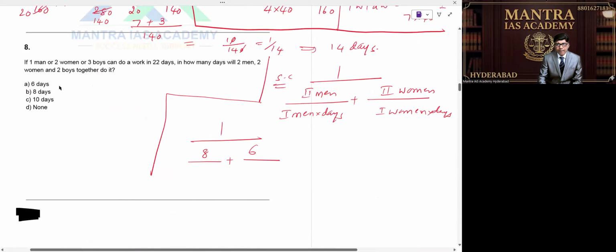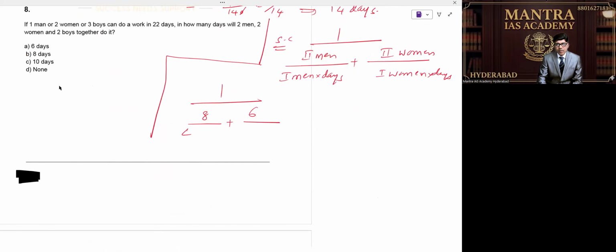So 4 men, 40 days, 7 women, 40 days, same. So 4 ones are 4, 2 threes are 6, 20 times. Now this is 1 upon 1 by 20 plus 3 by 7 twos are 14, so 140.